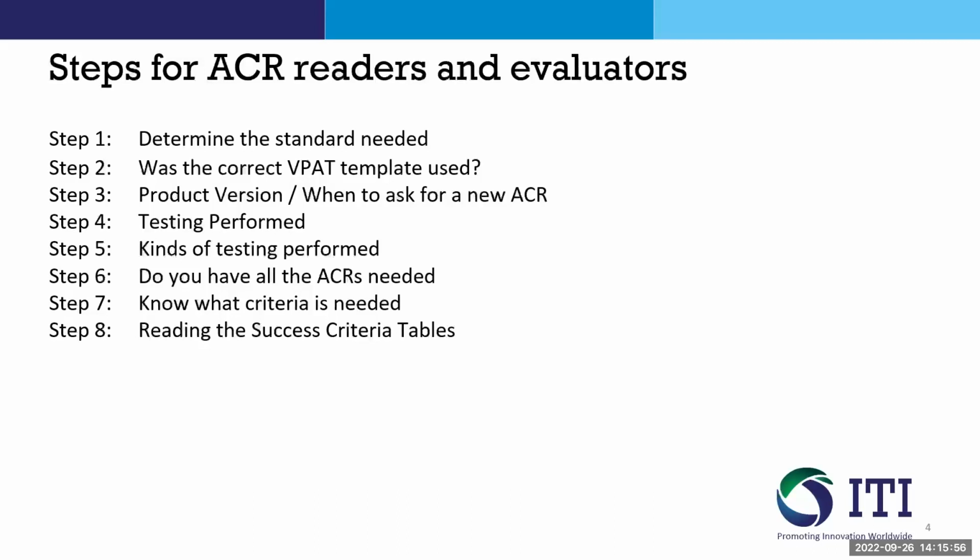And so knowing what the use case is, knowing who might be using the application is really critical. And then again, just to sum it up one more time, this module is for you as an ACR reader and evaluator to make sure you have all the information that you need to make a really quality educated purchase for your agency or department.